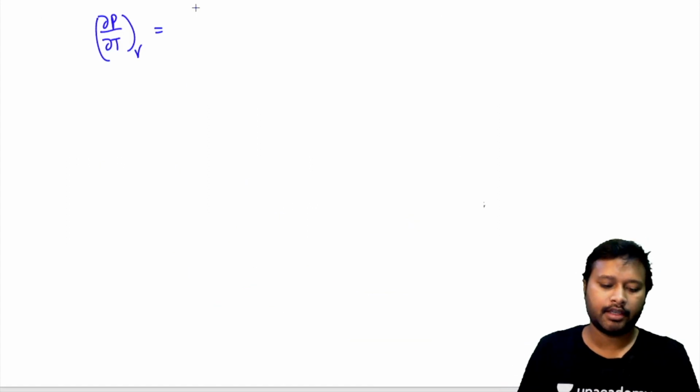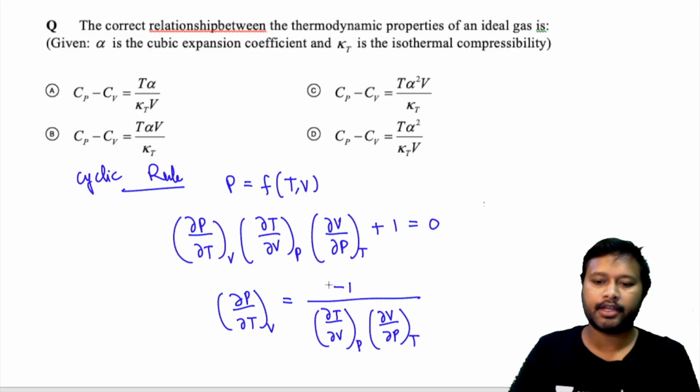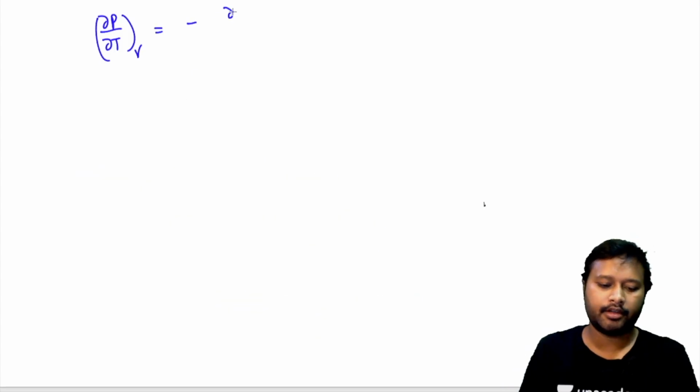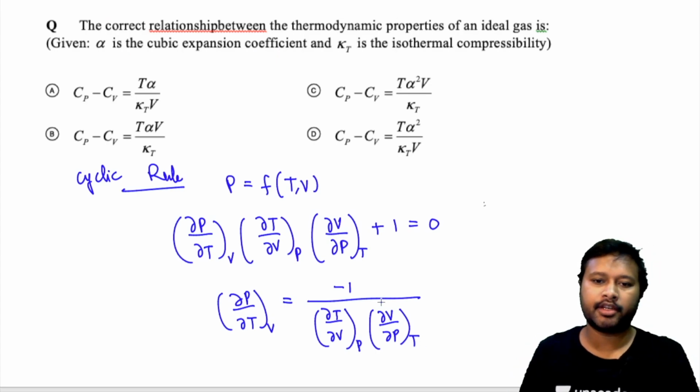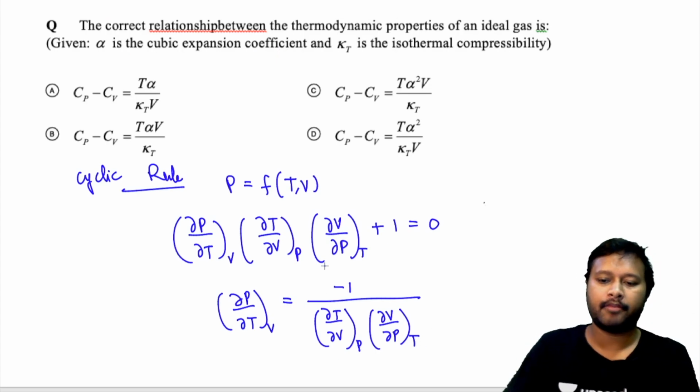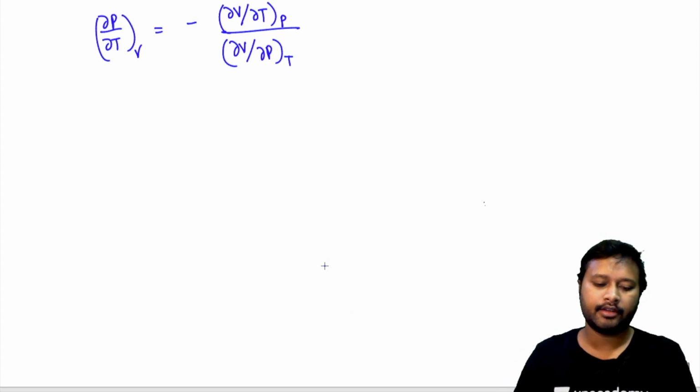That means it is minus, because of this minus 1, that minus sign will come, and dV by dT at constant P divided by dV by dP at constant T. This got reversed, and the minus sign is just the way it is. So you are going to get this particular thing. Let's keep it as equation number 1.